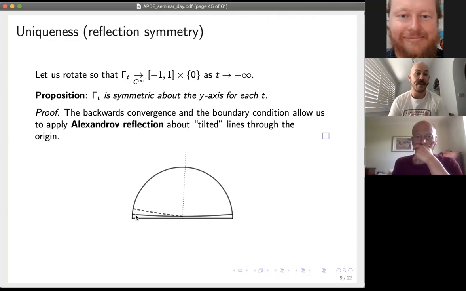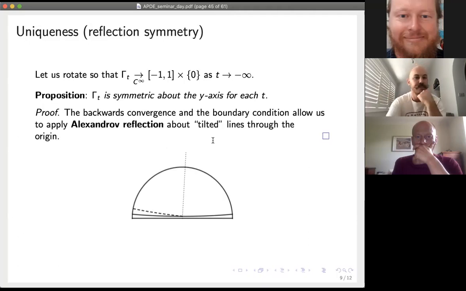Alexandrov reflection in the parabolic setting tells you that that property is preserved forwards in time. So this property will be true for any tilted line. You can take the angles to 0, which tells you that the curve is reflection symmetric for all t.